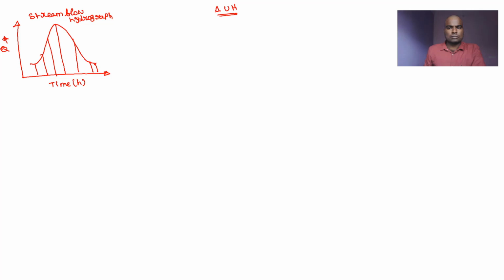I'll give the intention of what we are doing in this process. So this is a stream flow hydrograph. From this stream flow hydrograph, we need to detect the base flow. Suppose let's say we assume this is a constant base flow. They have given 10 meter cube per second.